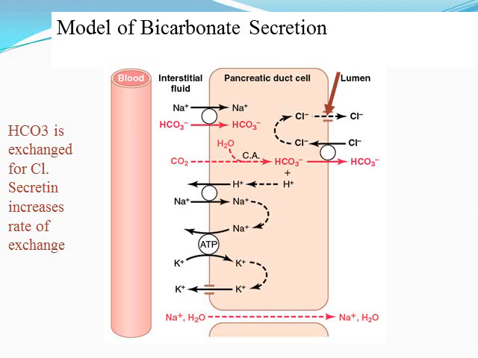All right. So bicarb has a similar secretion mechanism to HCl in terms of coordination between different transporters. We need to take bicarb out of the blood or the interstitial fluid, transport it across the cell of the pancreas and into the lumen.